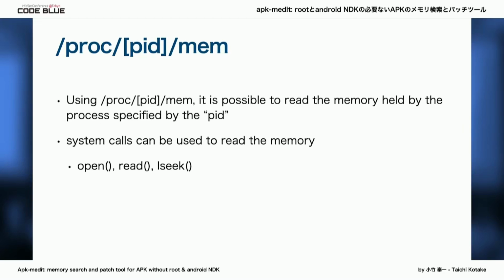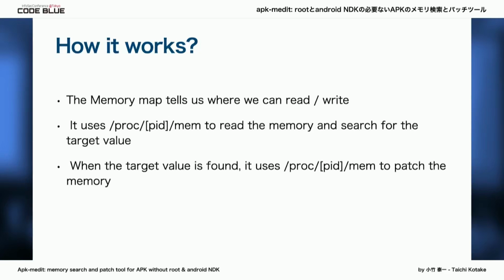The memory can be read out by system calls such as open, read, and lseek. The memory map tells us where we can read and write. It uses proc PID mem to read the memory and search for the target value. When the target value is found, it uses proc PID mem to patch the memory.